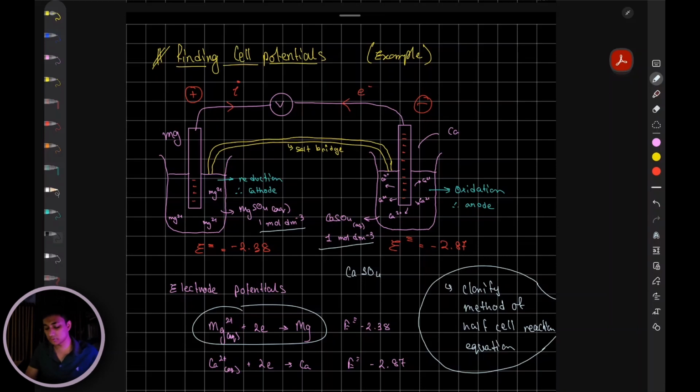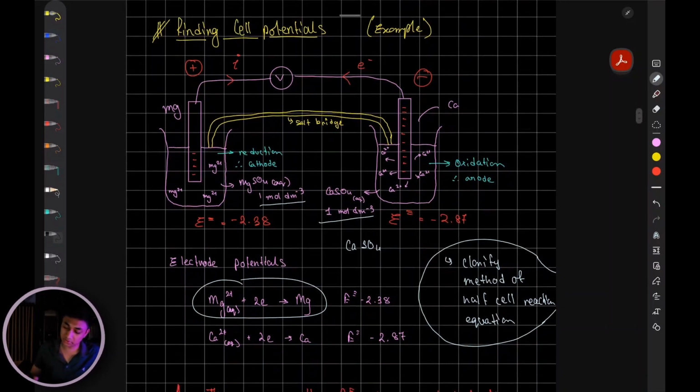You can use pretty much anything to create 1 mole per dm cube of calcium ion concentration. So since the ratio over here is 1:1, 1 mole per dm cube of calcium sulfate will also give us 1 mole per dm cube of calcium ions.